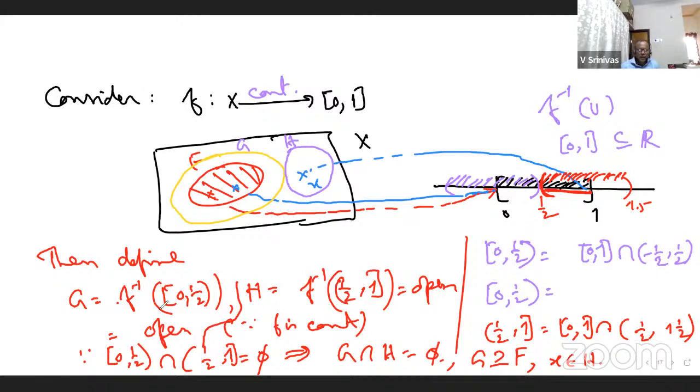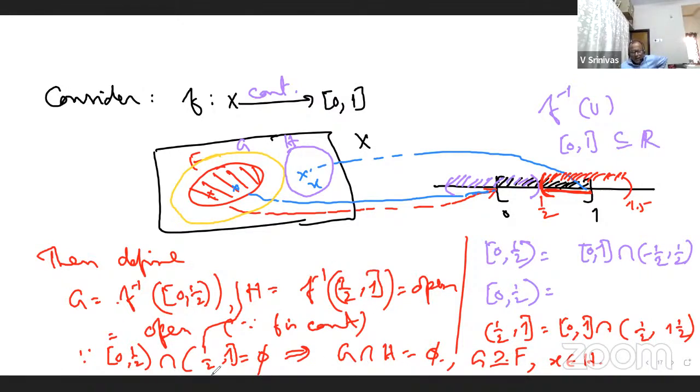Now, because 0 belongs to this one, your F will be a subset of G, and F of X is equal to 1. Therefore, X belongs to this open set. F of X belongs to this, so X belongs to this open set. Okay, that is H. You are calling it H.